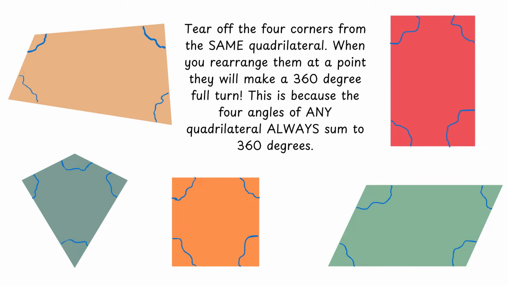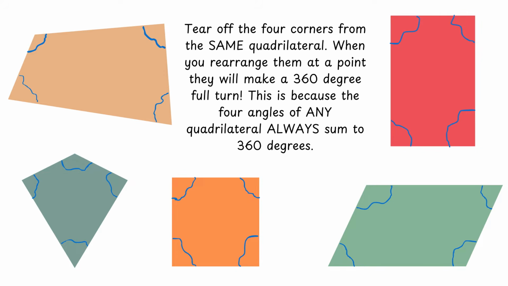Now here's another super activity for you to try. Take any quadrilateral, which is a four-sided shape, such as a square, rectangle, parallelogram, trapezium, and tear off the four corners from that same quadrilateral. When you rearrange them at a point, those four angles will make a 360 degree full turn.